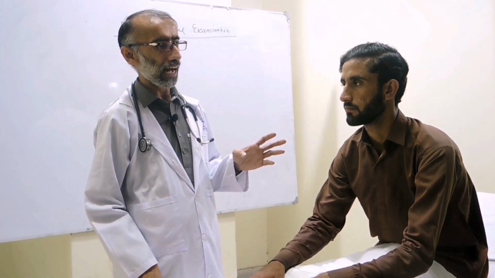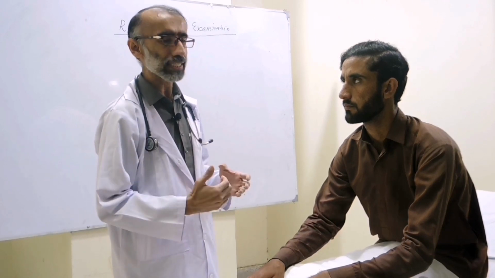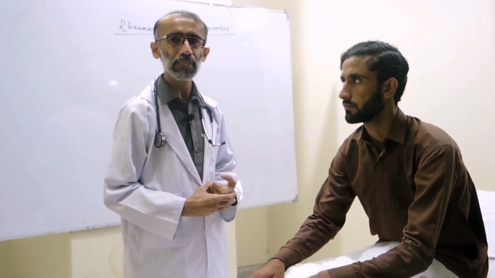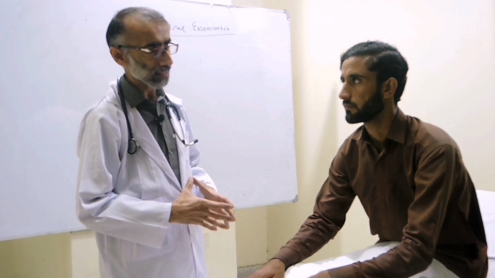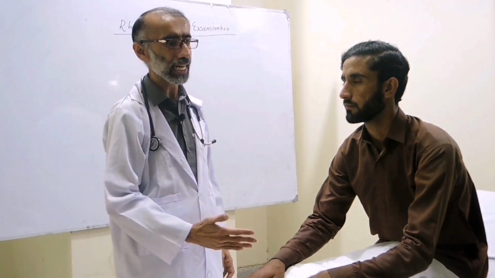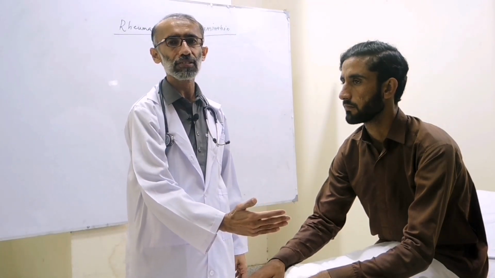So, in case of facial nerve palsy of upper motor neuron type, the upper face will be spared, the lower face will be affected, while in case of lower motor neuron type of facial palsy, the ipsilateral side, same side of the face, upper face as well as lower face will be affected.